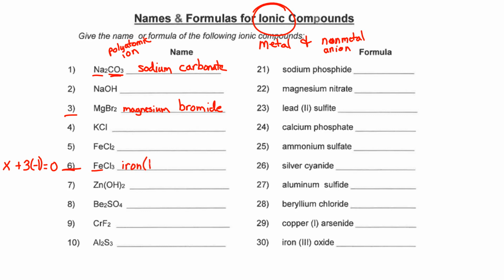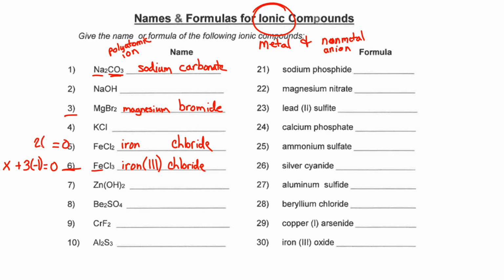So when I name this, I'm going to call this iron 3 chloride. Now, for this one, again, I have to distinguish this compound from this compound, so I'm going to do the same setup where it's equal to 0.